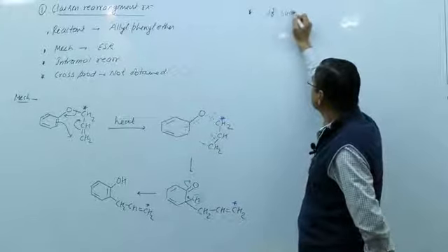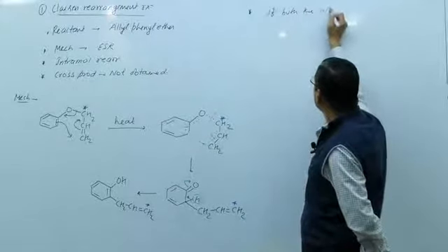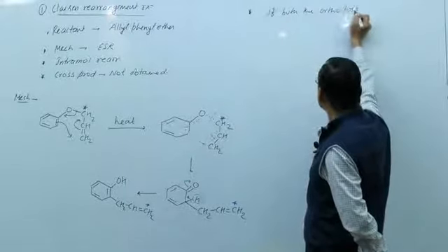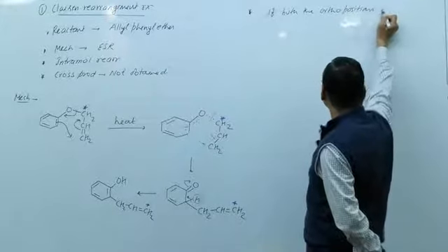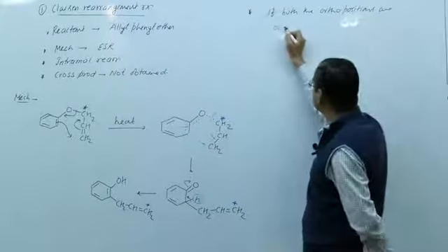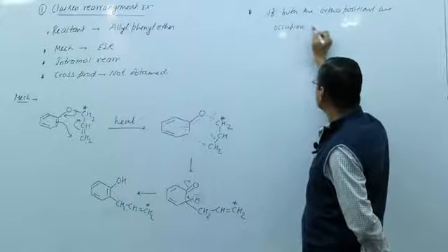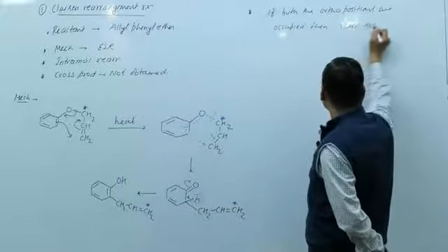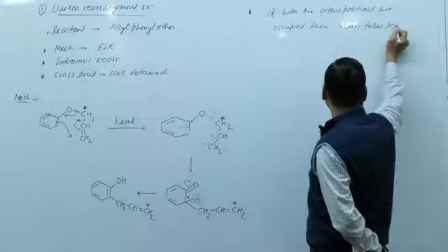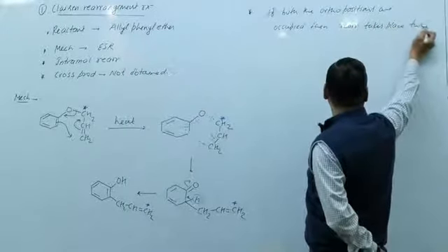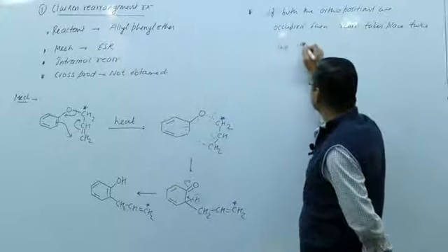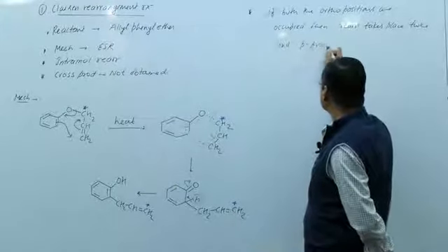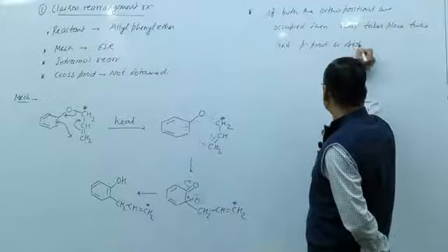If both the ortho positions are occupied, then rearrangement takes place twice and the para product is obtained.